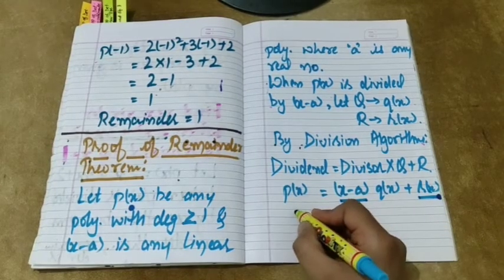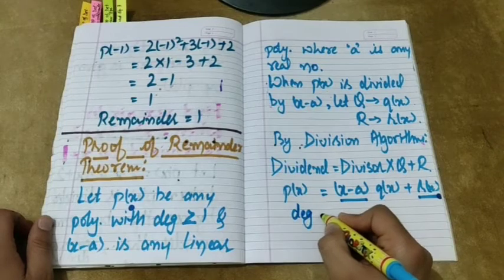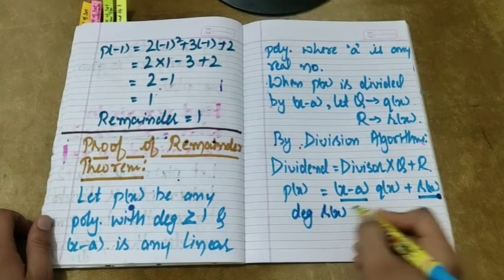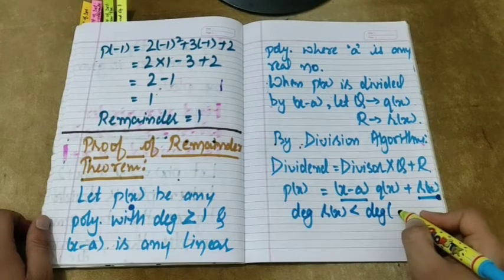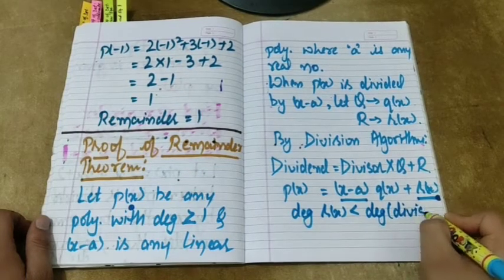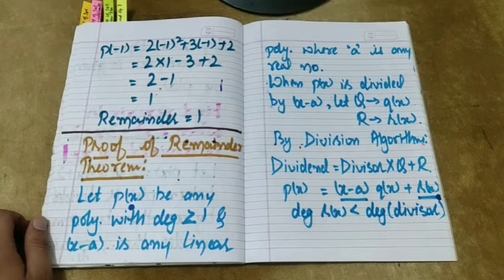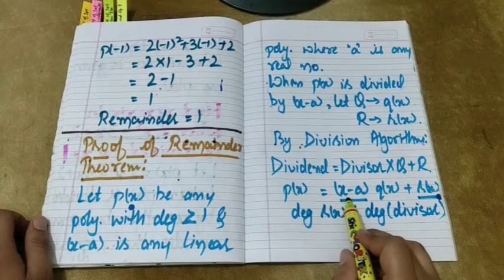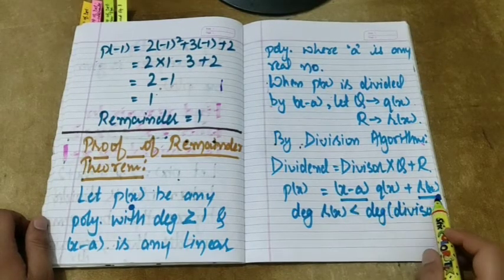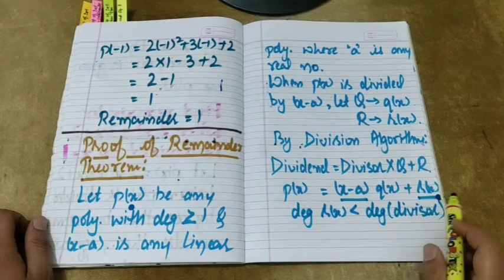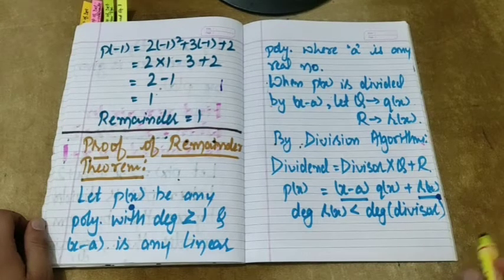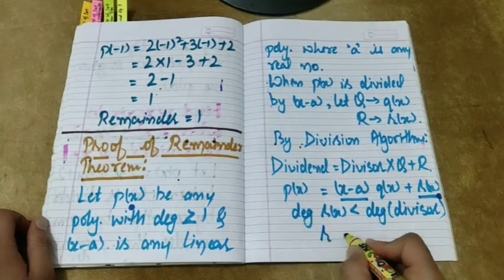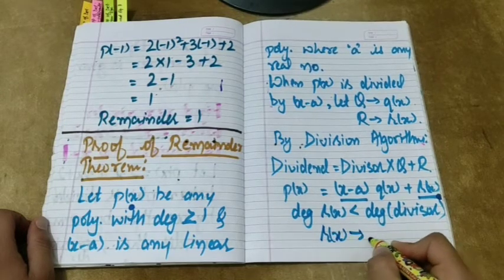Since the degree of the divisor is 1, it is obvious that the degree of the remainder will be less than 1. That is, the degree of the remainder will be 0, or we can say that the remainder will be a constant polynomial. So better we should write the remainder as r only.